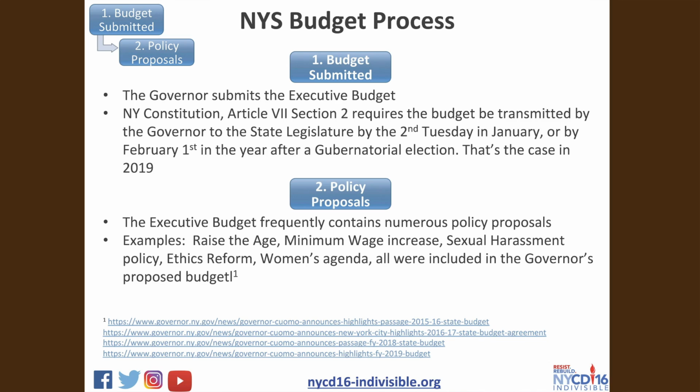So the budget is probably the most important thing that we as state legislators do, not only for the money itself, but second, how the money is allocated, and third, issues that you would not think have to do with money. So for example, in the governor's proposed budgets in prior years, raise the age was in, minimum wage increase, sexual harassment policy, mandatory sexual harassment training, ethics reform, the Reproductive Health Act was in the budget one year. Various years, various things are in his proposed budget.